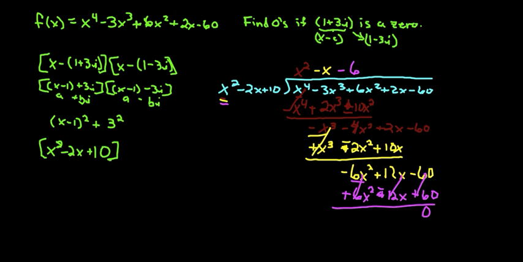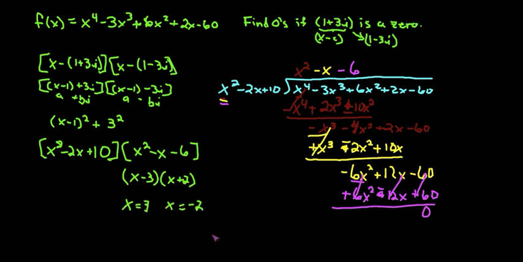So we're going to add that over here. And the nice thing about this, it's easily factorable, x minus 3, x plus 2, and then I can set each of these equal to 0, and this is going to let me find x equals 3 and x equals negative 2.